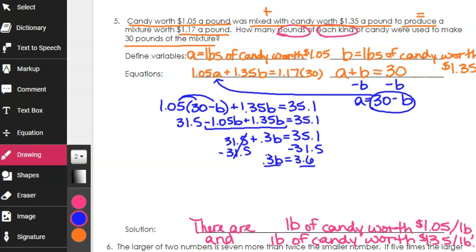And if you divide both sides by 0.3, your b value is equal to 12. So that's the number of pounds of candy that's worth $1.35 each. But now I need to put this back in my equation to get candy A. So we have 30 minus 12, that equals 18.